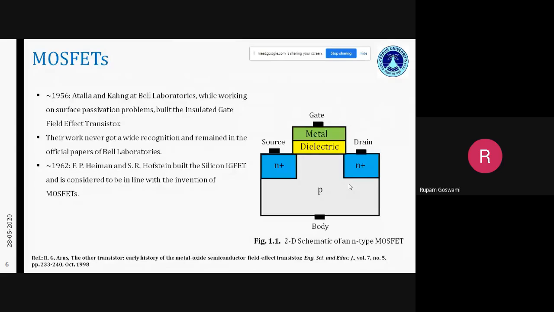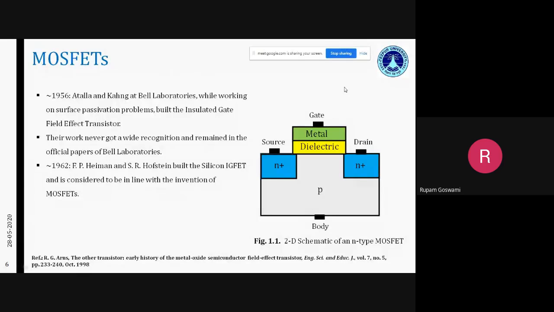In MOSFETs, people have seen that the reason for this is the principle of operation of these MOSFETs. Therefore, they have tried to get around this problem by trying to develop devices which can somehow increase the gate control or have a principle of operation which is different from the thermionic emission principle in MOSFETs.